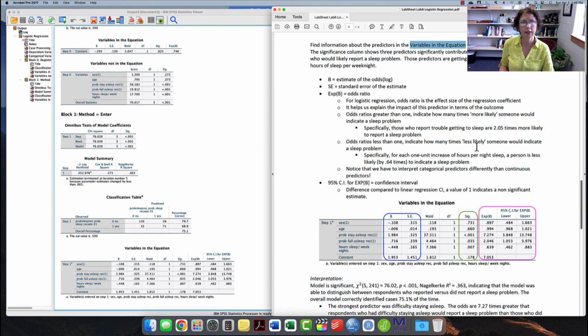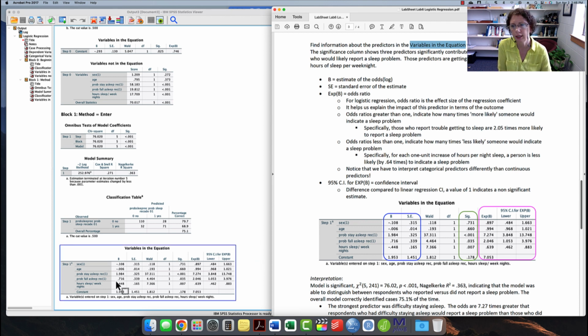So our predictors of getting to sleep, staying asleep, hours of sleep per weeknight, and the age and gender are all on here. But notice that the only ones that are significant are the problems staying asleep, problems falling asleep, and the hours of sleep per night.